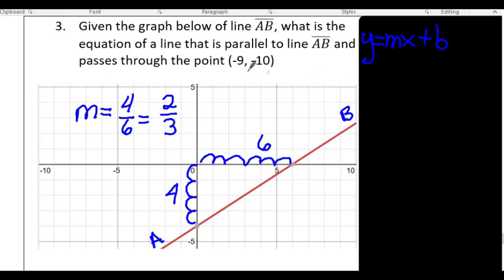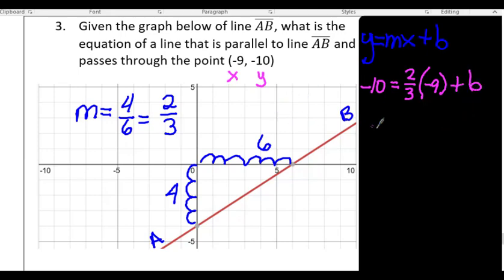Okay, so I know my m. We also do know an x point and a y point, so I can put those into my equation. The y is -10, the m we know is 2/3, my x is -9, and what I don't know is b. So I'm going to solve for b.